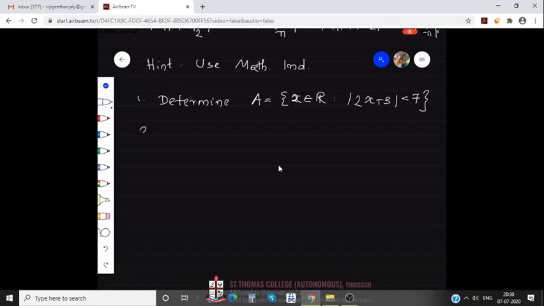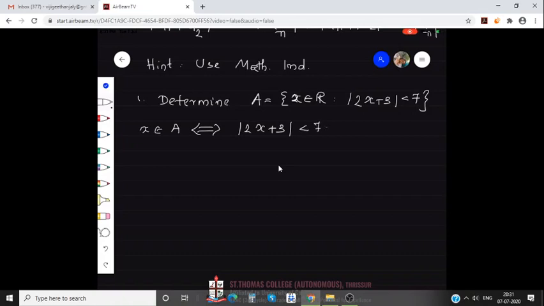So as in the previous section, I am taking x is an element of A, and this is equivalent to absolute value of 2x plus 3 being less than 7.